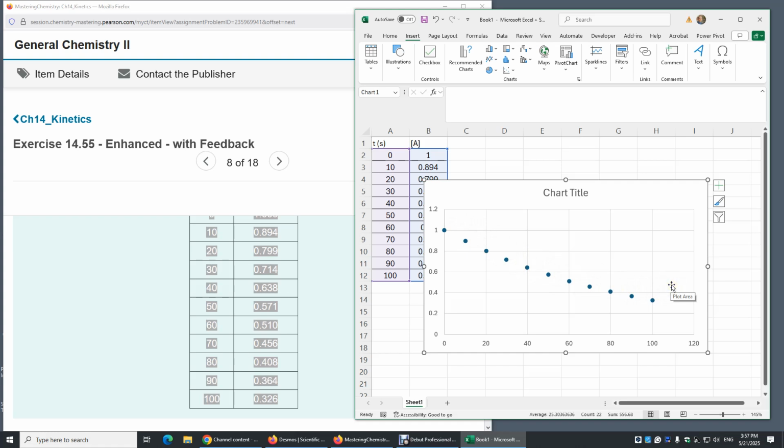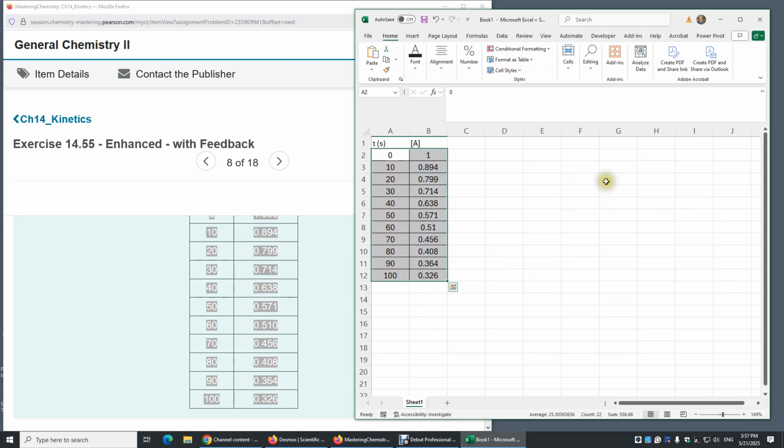If you have a zeroth order reaction, the concentration of A should decrease in a straight line. This is not straight, so I'm guessing it's first order or second order. I'm going to delete this, and if the natural logarithm of A is linear with time, that's going to be first order.